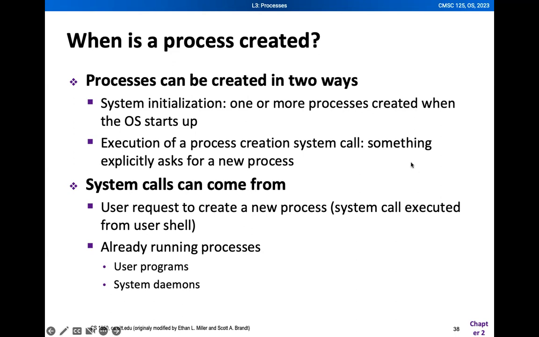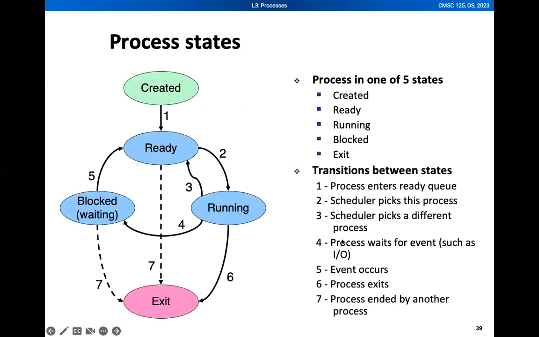So it's something that explicitly asks for a new process. So the system calls can come from a user request to create a new process, or those that are already running processes. Okay, so there are different states to a process, but I'll just go over this part.